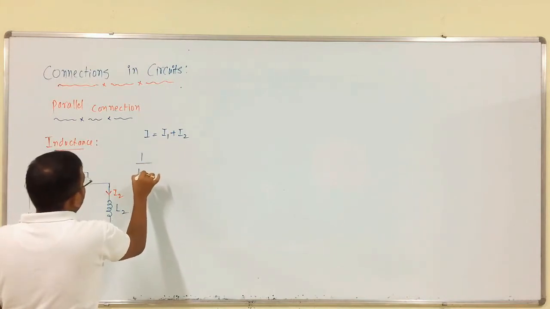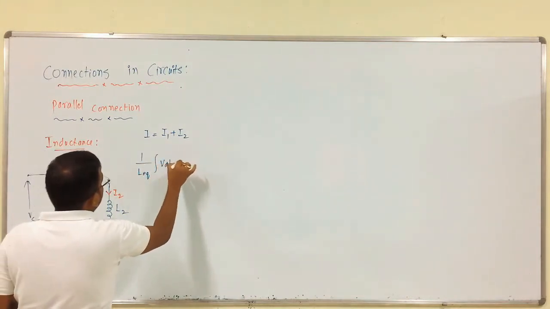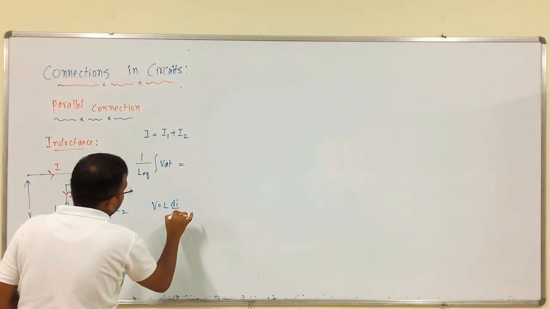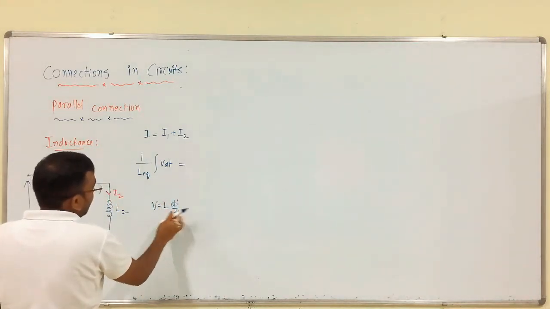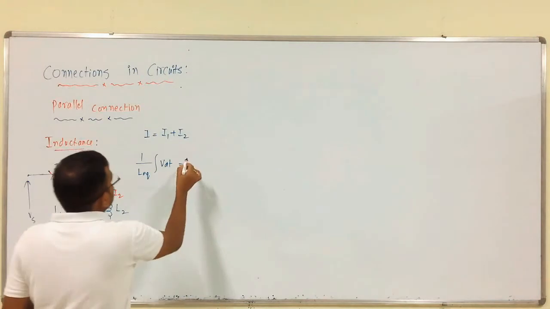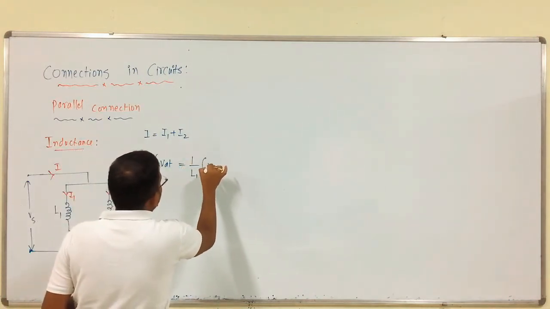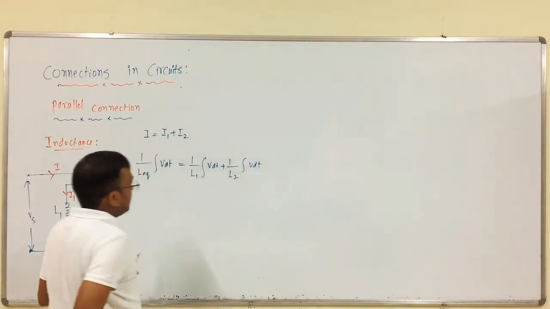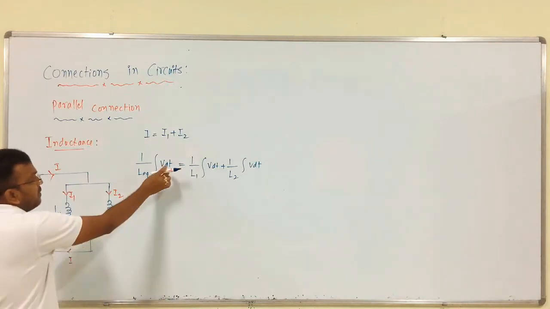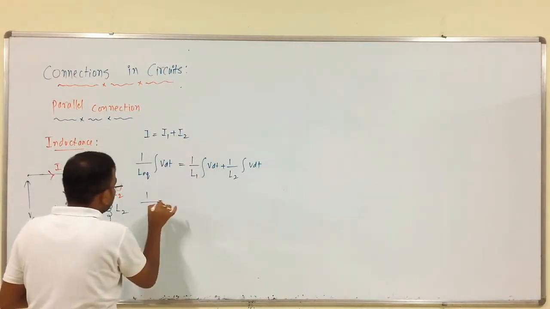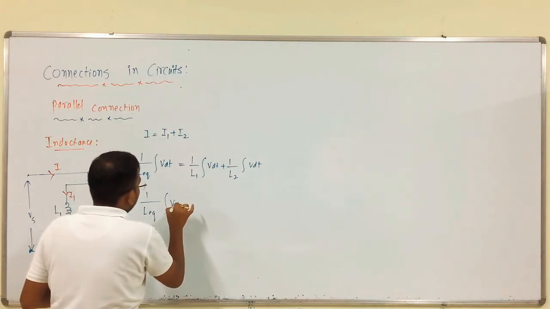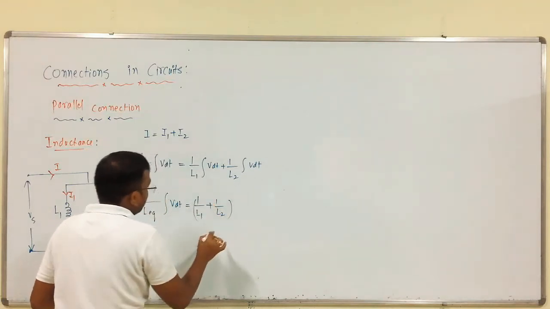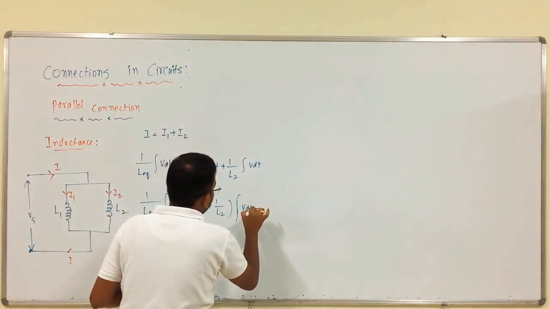So, I is nothing but 1 by L equivalent integral V dt. We know that V is equal to L into di by dt. From this, I equals 1 by L into integral V dt. So, 1 by L1 integral V dt plus 1 by L2 integral V dt. The voltage across any branch is the same, that is why we can write V dt in each. So, 1 by L equivalent integral V dt is equal to 1 by L1 plus 1 by L2 integral V dt.